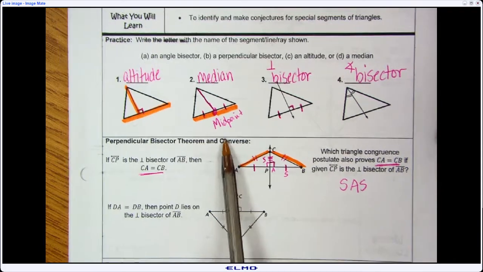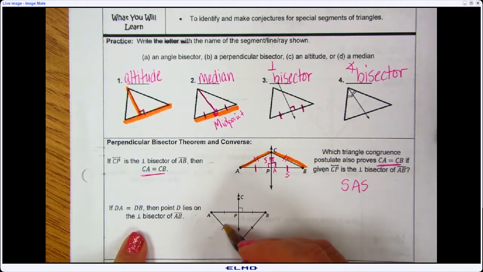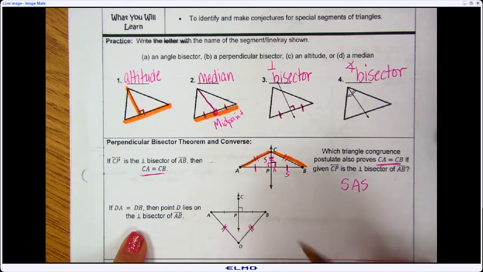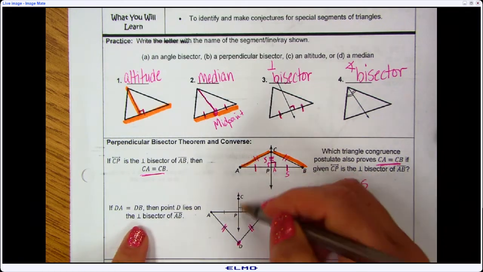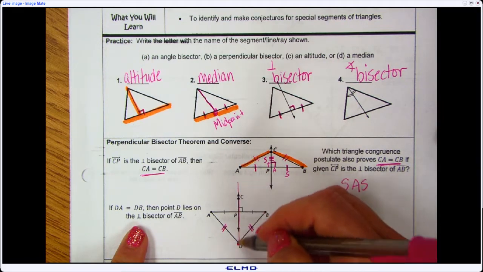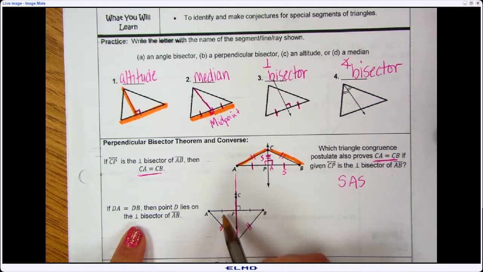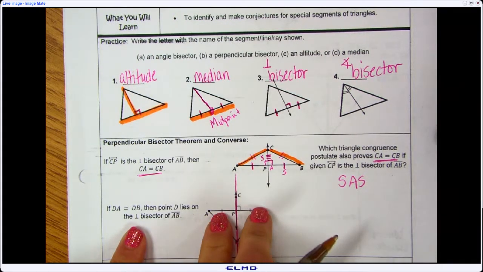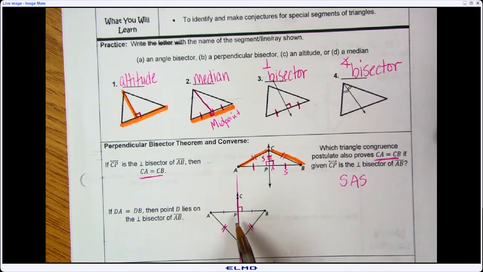Now the converse says that if DA is equal to DB, so if this is equal to this, then point D lies on the perpendicular bisector. So if I were to extend this line right here, because they're telling us that PA and PB are equal, and they're telling us that that's a right angle, that makes this right here a perpendicular bisector because it's 90 degrees at the midpoint.